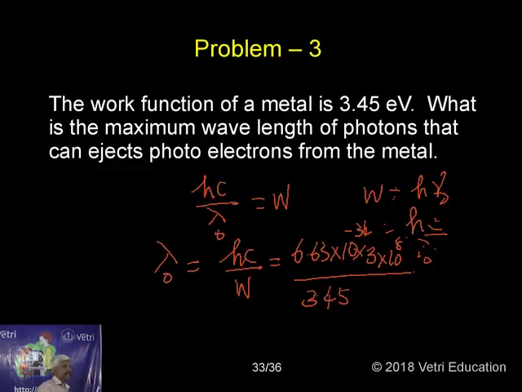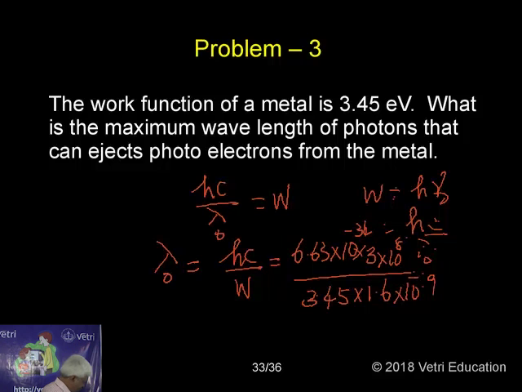You have to understand that the electron volt is converted into energy in joules, so it should be multiplied by 1.6 into 10 power minus 19.